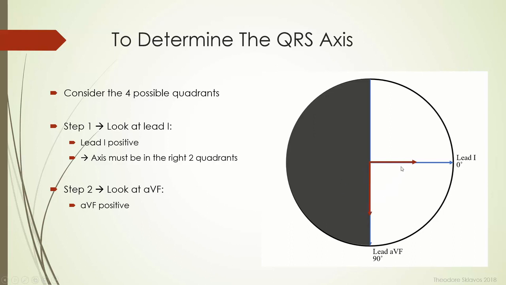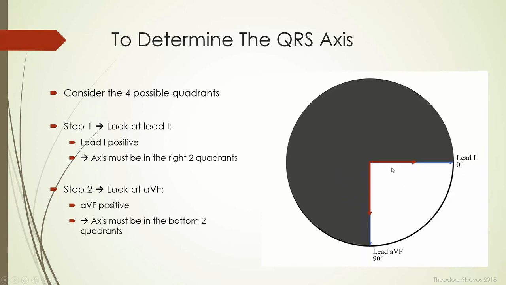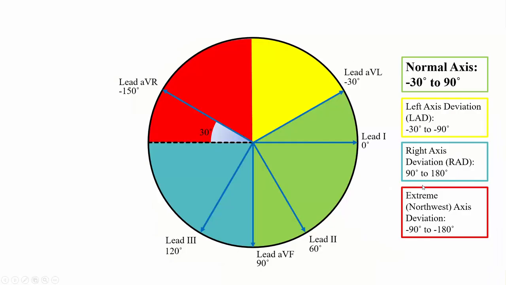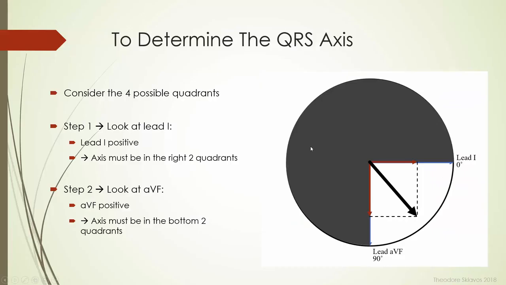Must be in one of these two quadrants. But we've already excluded that one. So now we know that the axis must lie somewhere within this quadrant. So if we go back to our previous diagram, we know that everything in this quadrant is normal range. So if you've got positive in one, positive in AVF, then you know the axis is somewhere in here, and you know it's a normal axis even if you don't know the exact number.